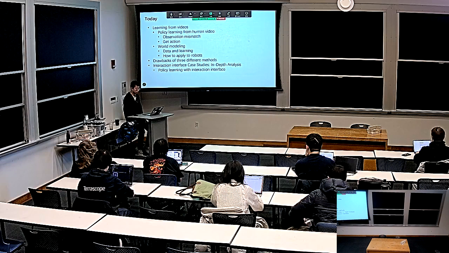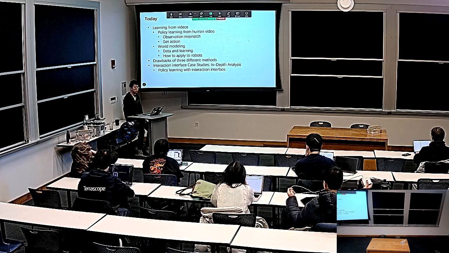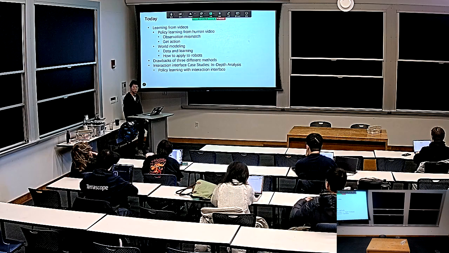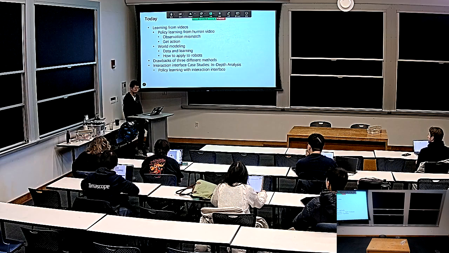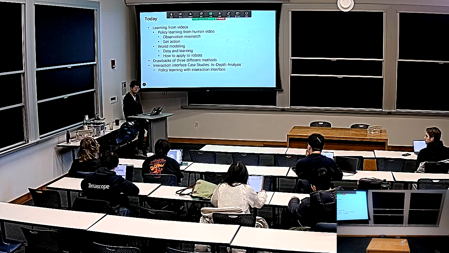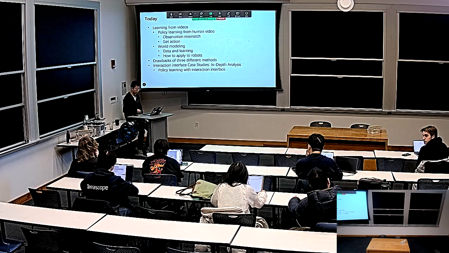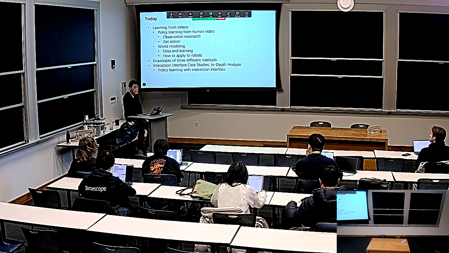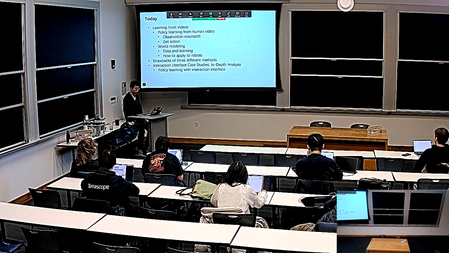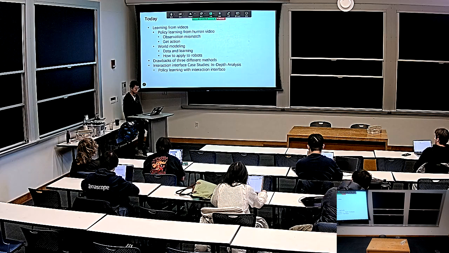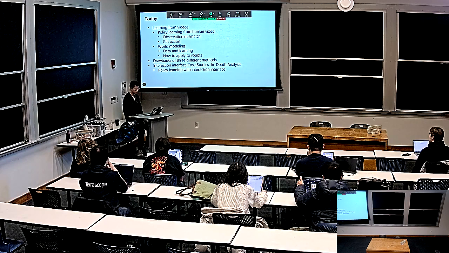Then we're going to talk about world modeling, which utilizes all the video data on the internet to train a world model, so it does not require videos with a human in them. And then we'll talk about the drawbacks of all the 3 data collection approaches we have covered, namely teleoperation, simulation, and video. We will move to a new direction of data collection, which is to build interaction interfaces.